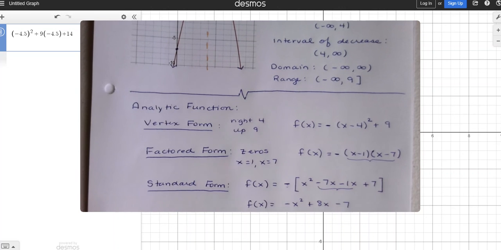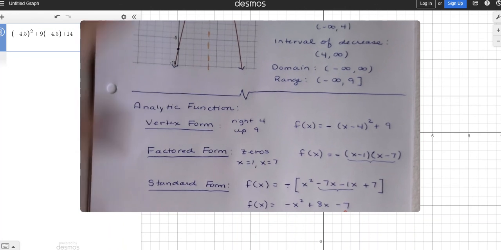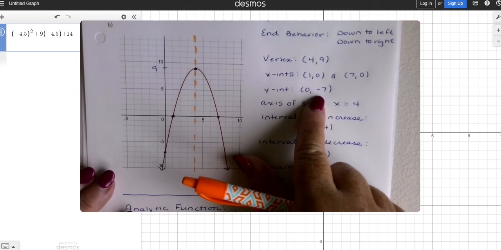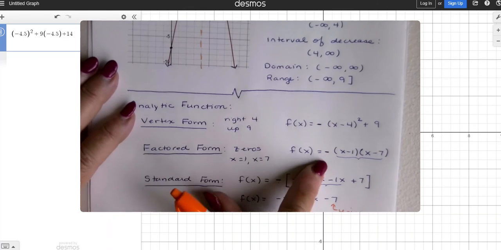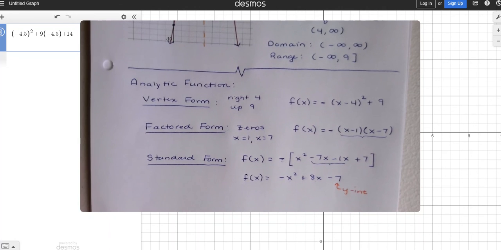In this form, I can really quickly see that if x were 0, my y-intercept would be at negative 7. And that's exactly what I found. So again, I don't think I need to worry about any other multipliers other than remembering that negative that turned this into a parabola that opened down. So tons and tons we can say about this function just by looking at the graph.